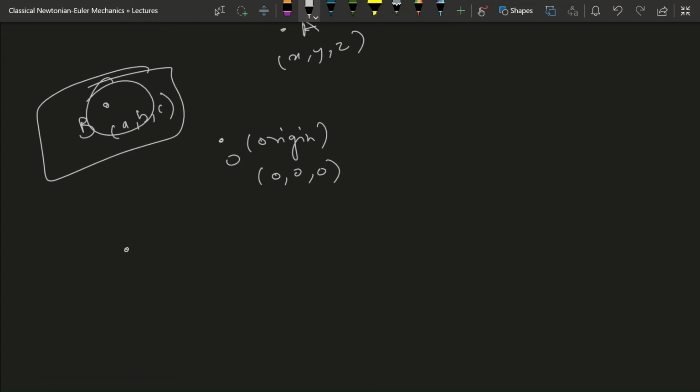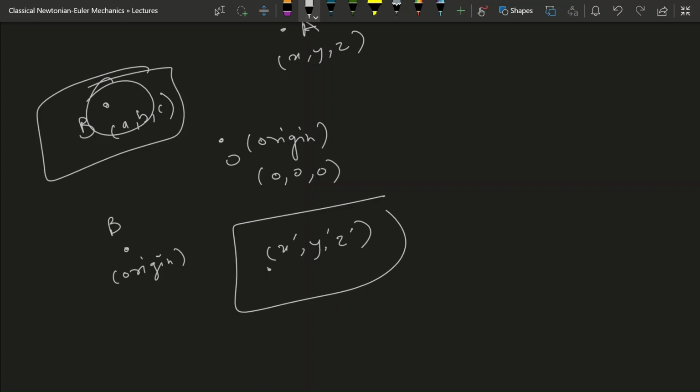If B is assumed as the origin, the position of me will be changed, something x dash, y dash, z dash. And if my position is changed, the position of A with respect to me will also change, because now the origin is B. There will be some coordinates x, y, z of A with respect to B, and the coordinates of A with respect to me will be changed here.